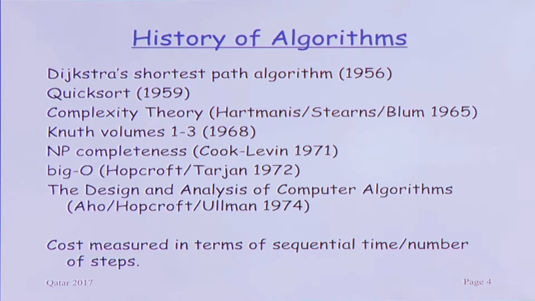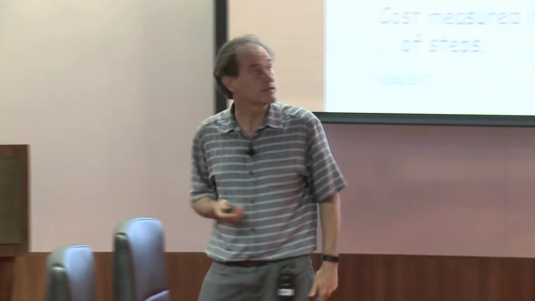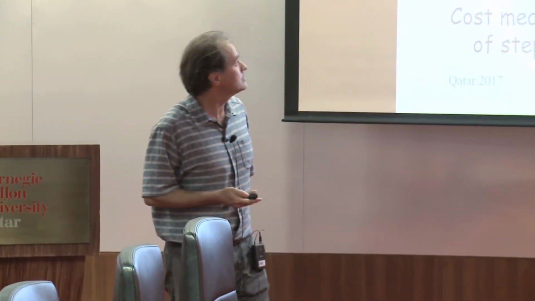And they date back to Dijkstra's famous algorithm in the mid-50s, quicksort in '59. These algorithms we teach all of our undergraduates at this point. Then the invention of complexity theory, the notion of... Knuth wrote his original books on algorithms in the late 60s.